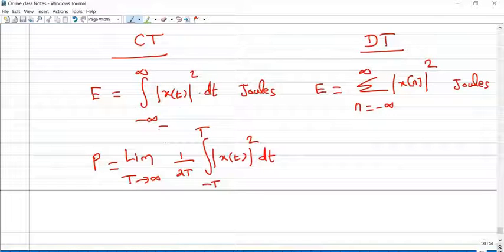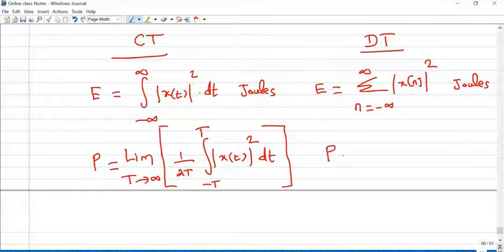So after simplifying these steps, at last we have to substitute t tends to infinity. We have to check whether there is a possibility of cancellation of this T or not after the simplification. At the last step, we substitute t tends to infinity.